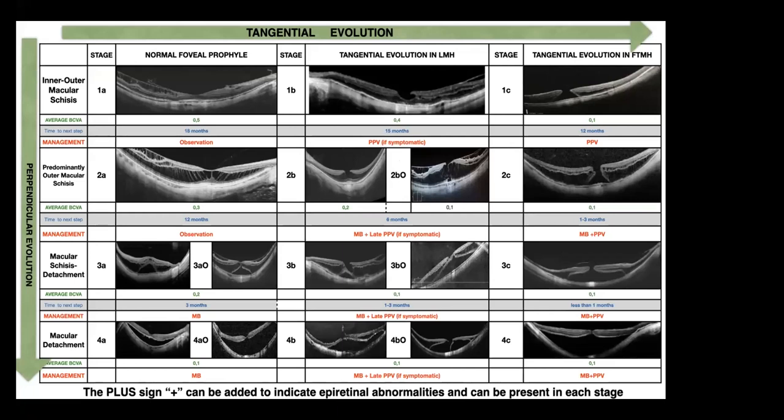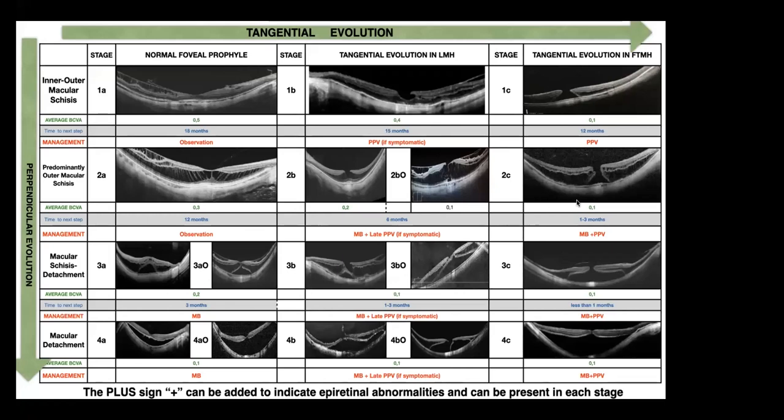Only a macular buckle for the first surgery. Because if you reverse the schisis and detachment, then the visual acuity can improve even if they have a lamellar macular hole. No need to touch the fovea.